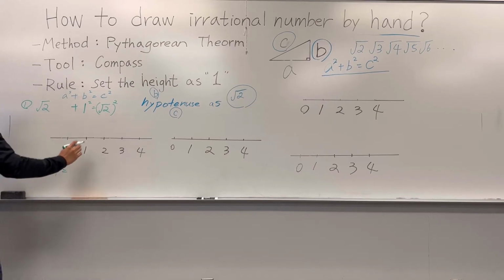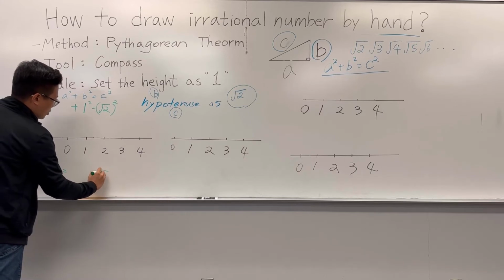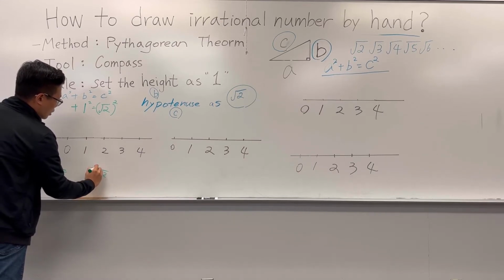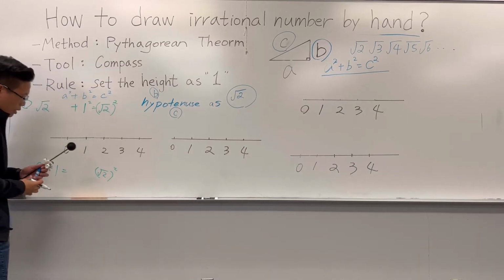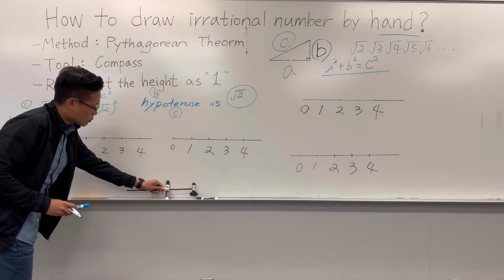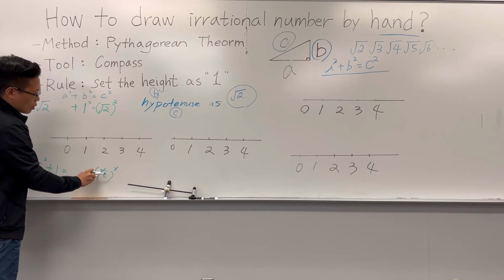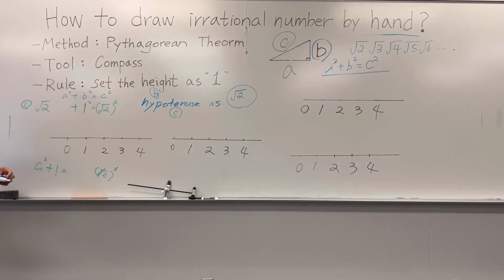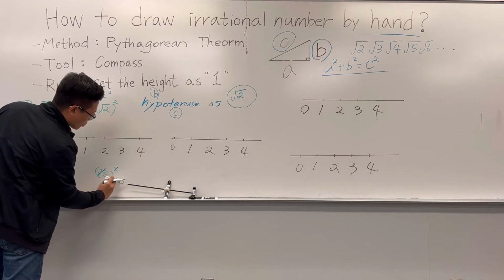Equal to the square root of 2 squared, so we know that the square and the square root cancel out each other and leave 2, right?